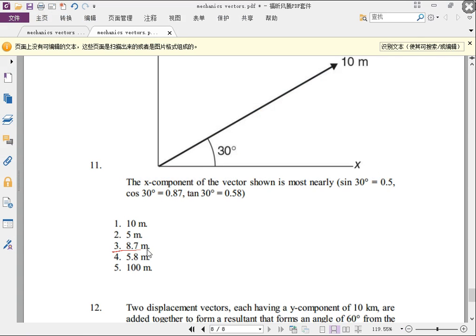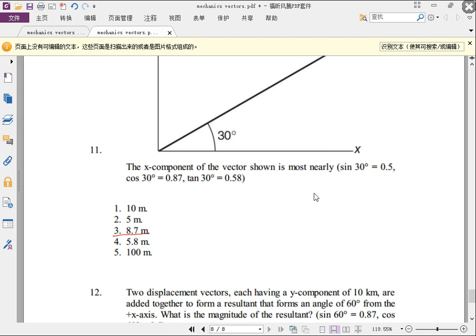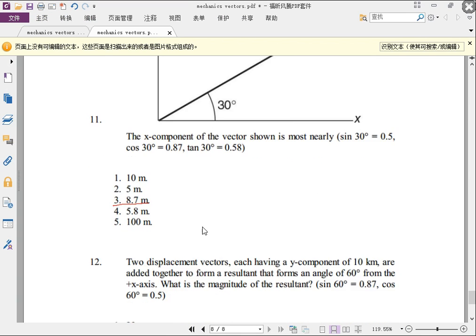Okay, you choose the one which is most nearly.